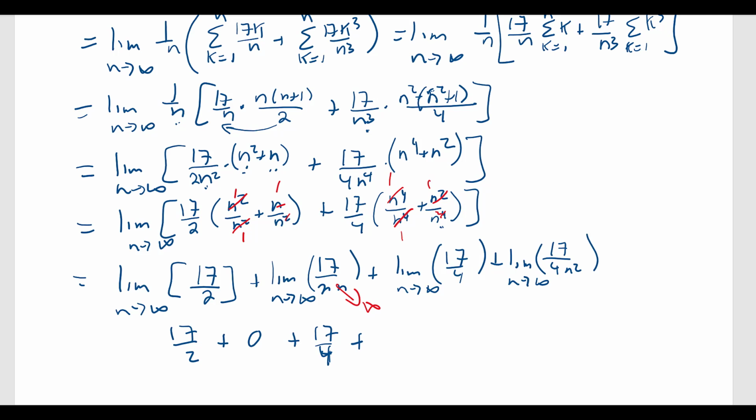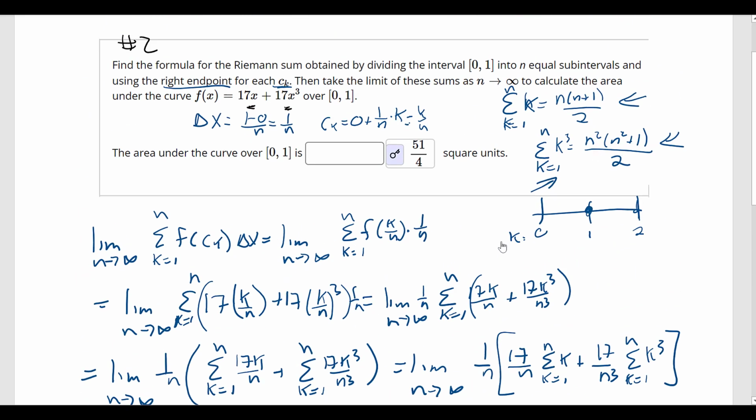So that denominator is going to infinity squared, which is infinity, and that's getting infinitely big under a constant. So that's another 0. So we end up with 34 over 4, that's 17 halves, plus 17 over 4 gives us 51 over 4, which, if you recall from the beginning, is our answer.